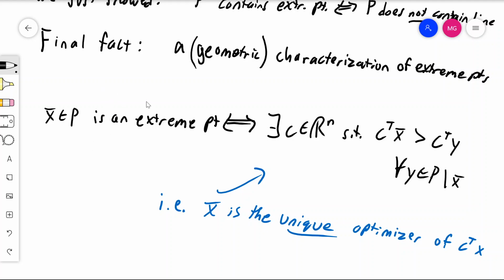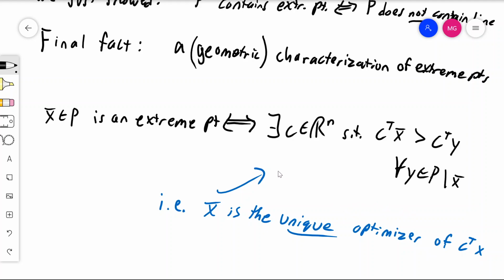Here it is. So what is the characterization? x bar, a point in the polyhedron, is an extreme point if and only if there exists some vector c in R^n such that c transpose x bar is strictly greater than c transpose y for all y in the polyhedron besides x bar, of course. Or in other words, x bar is the unique optimizer of c transpose x.